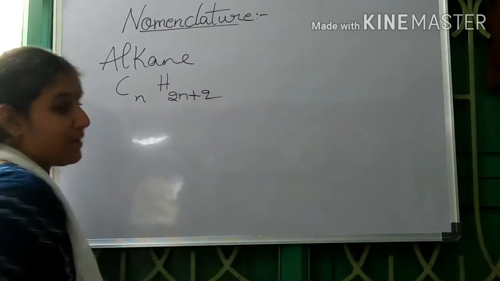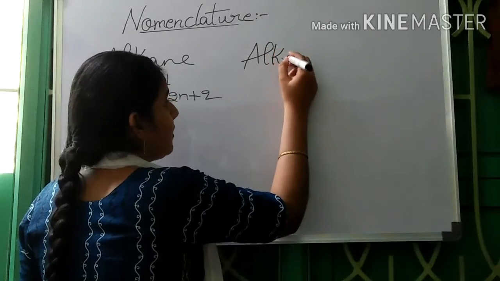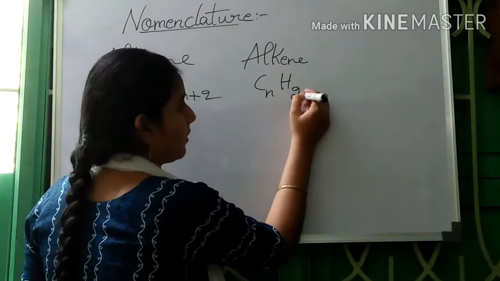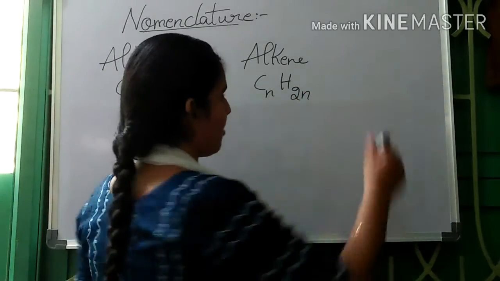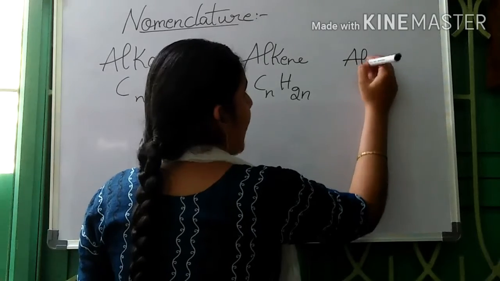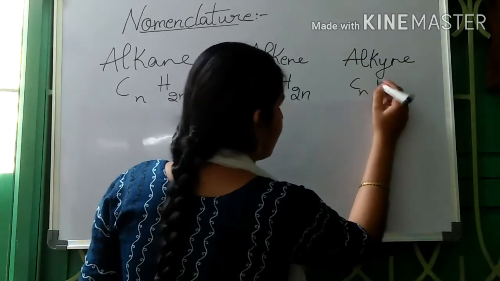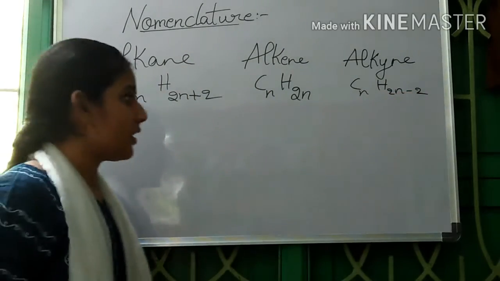If it is an alkene, it must follow a general formula of CnH2n. If it is an alkyne, it must follow a general formula of CnH2n minus 2. We have learned this before.